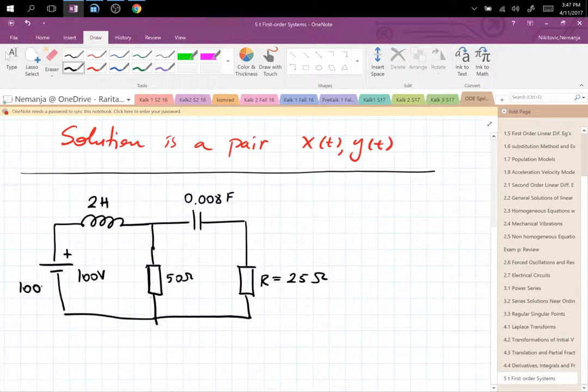I put this side 100 volts. We are going to put 2 loops, current loop I1, loop I2, and the current I, right?